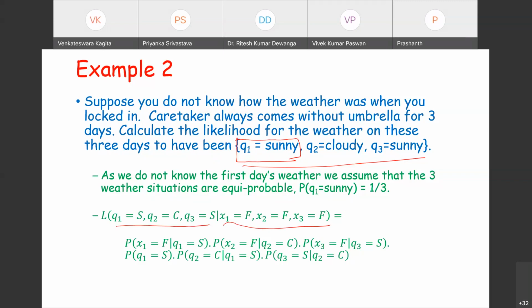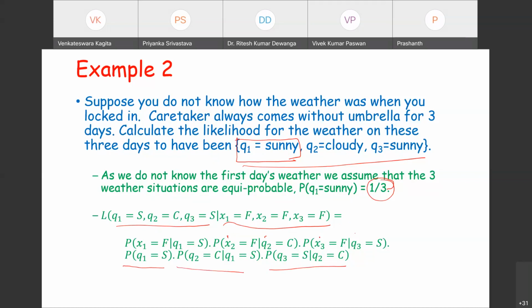Using this, you can say probability of X1 given Q1, X2 given Q2, X3 given Q3. All the 3 probabilities we know them. And we also know probability of Q1, which we have assumed to be 1 by 3. Then probability of Q2 given Q1, Q3 given Q2.